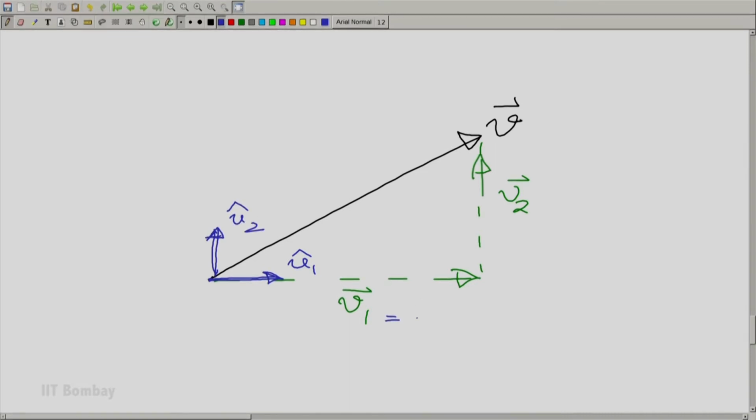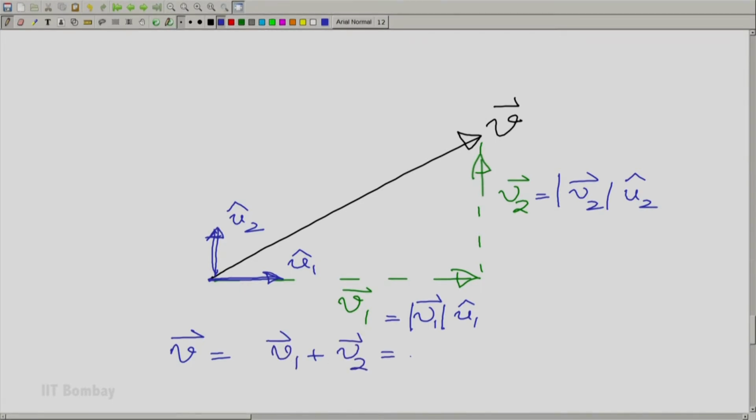And V1 is essentially the magnitude of V1 times U1 cap, and V2 is the magnitude of V2 times U2 cap, and V is essentially V1 plus V2, and that is the magnitude of V1 times U1 cap plus the magnitude of V2 times U2 cap.